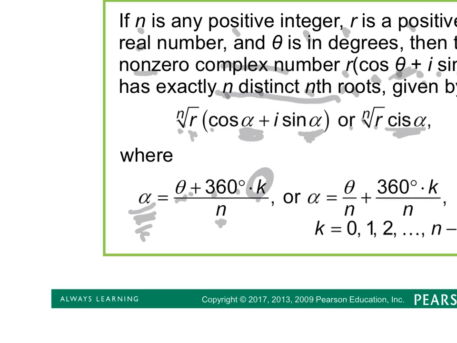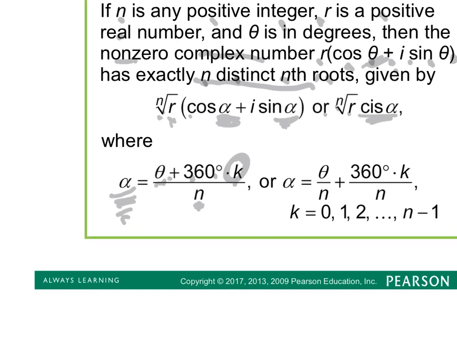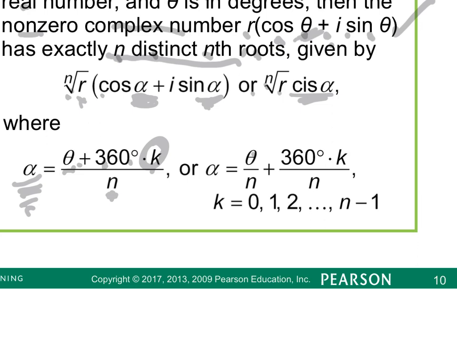If it's the eighth root, n is 8. Now, if you want to break this up, to make it simpler to see, it's theta over n. Take your angle over n, like my theta was 60 degrees over 3. And then your next term is plus or minus 360 times some k over n.